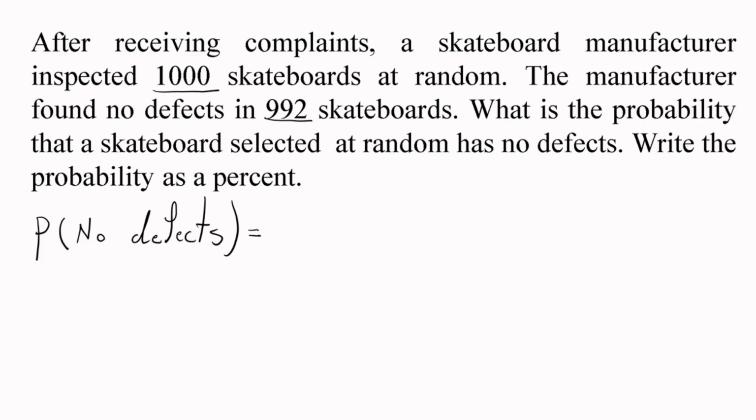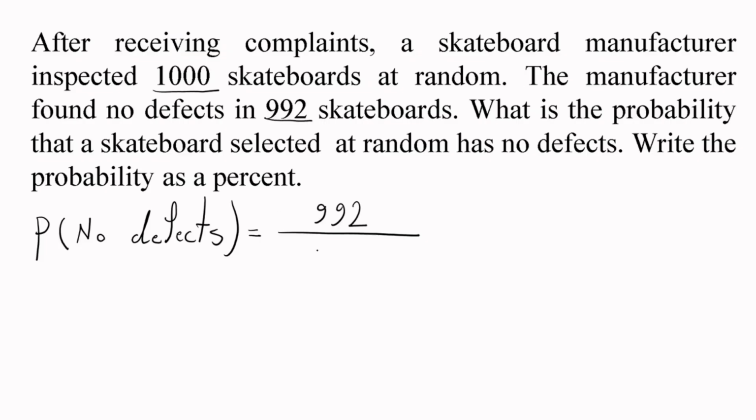Okay, let's find it. When we talk about probability of no defects, we must find the number of times that no defects happened. So in 992 skateboards, the manufacturer has found no defects. So I'm going to write it at the top. And what is the total number of times the experiment was done?